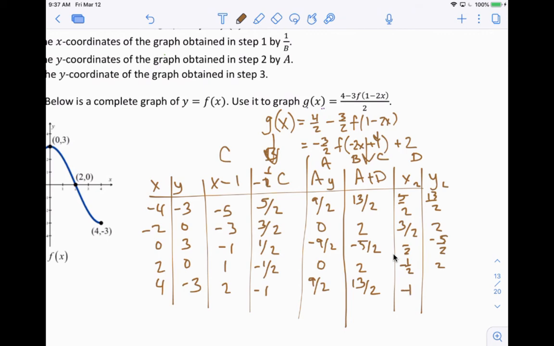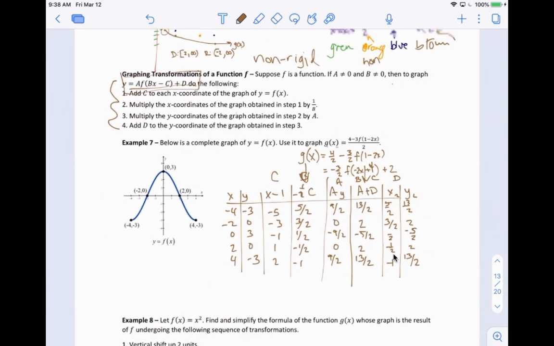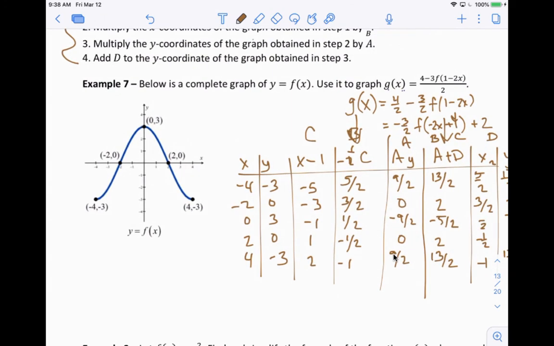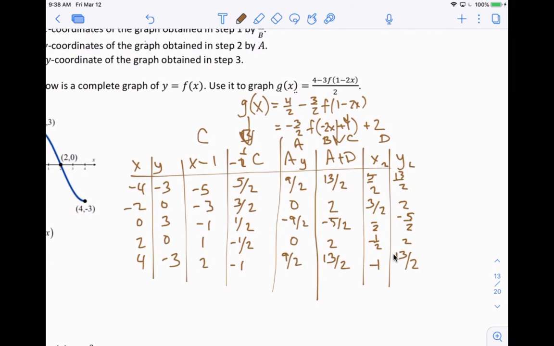Okay, let's graph that bad boy. We could go into decimals. I guess it's all in halves. So this could also be 2.5, 6.5; 1.5, 2; 0.5, -2.5; -0.5, 2; and -1, 6.5.